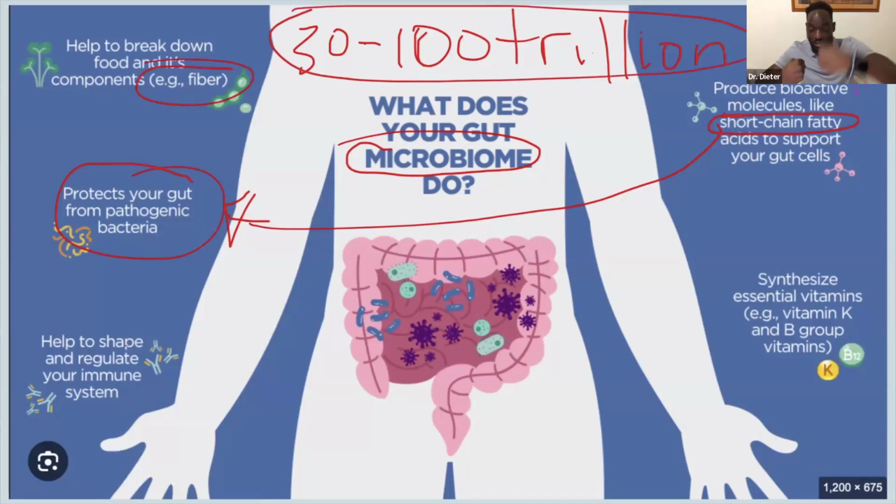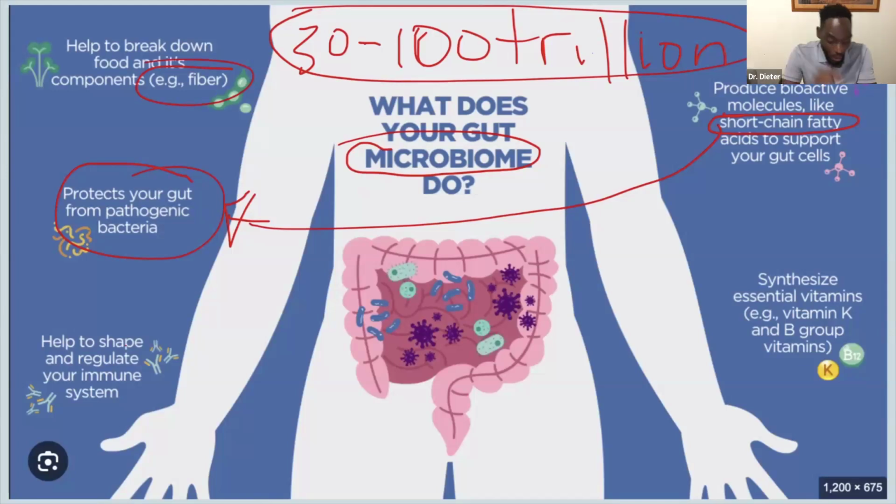Imagine this is one cell, this is another cell. They pour cement on this area where the knuckles meet and make these areas tighter. These areas are called the tight junctions of the cell. Make it very tight so that it's not loose. If it's loose, bacteria can leak out of that loose area into the blood and cause infections and inflammation. So the short-chain fatty acids protect your gut from disease-causing bacteria.